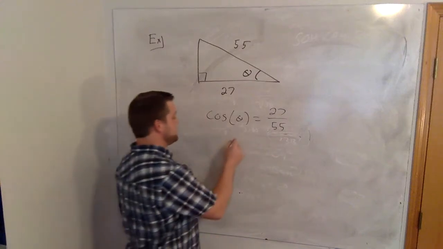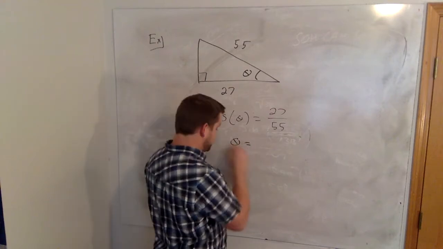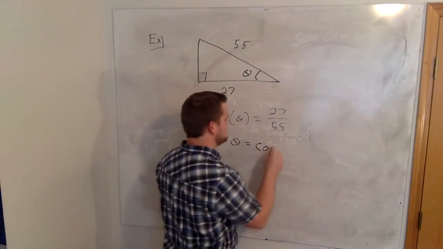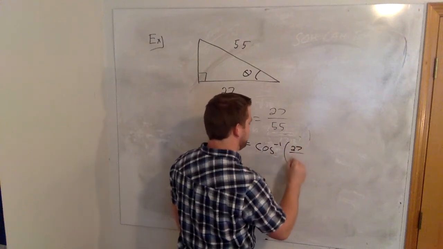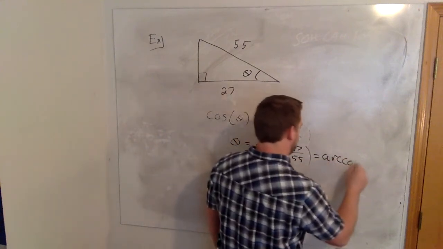If I apply a cosine inverse, or arc cosine, to both sides, theta would be equal to the cosine inverse of 27 over 55. Maybe for fun, I'll write arc cosine here for you.